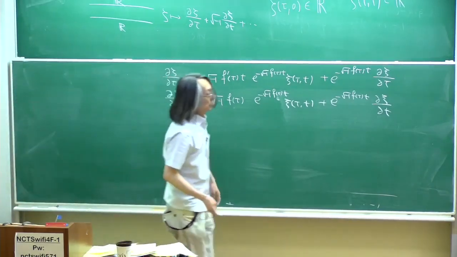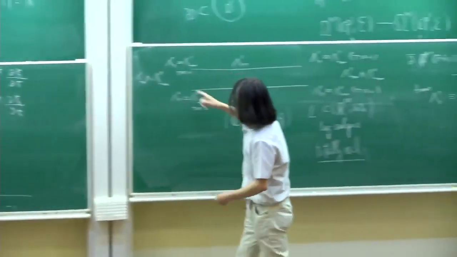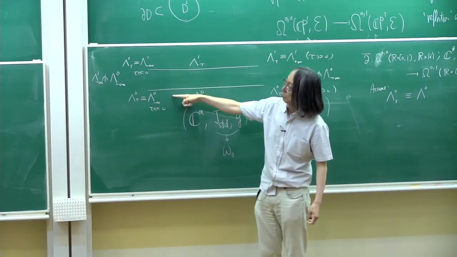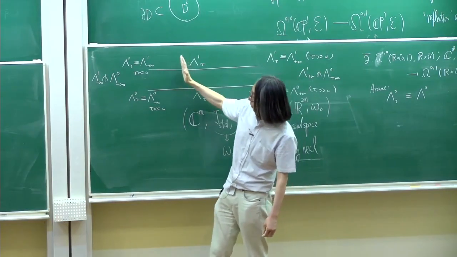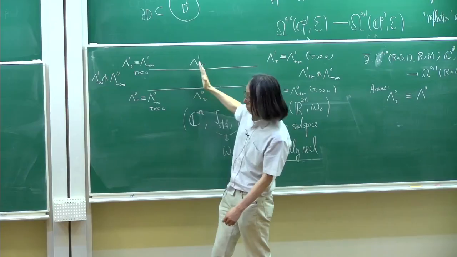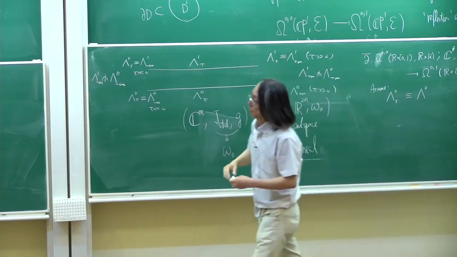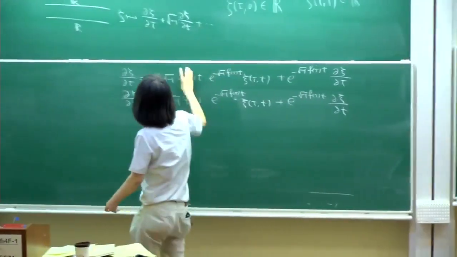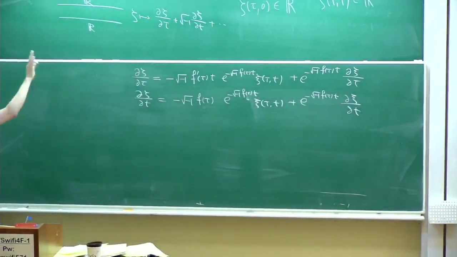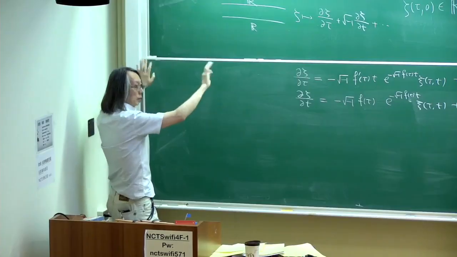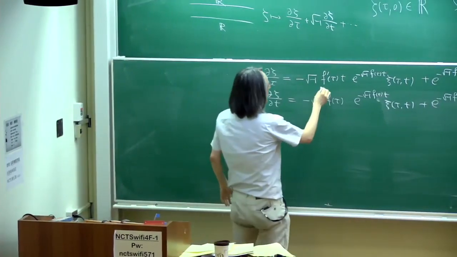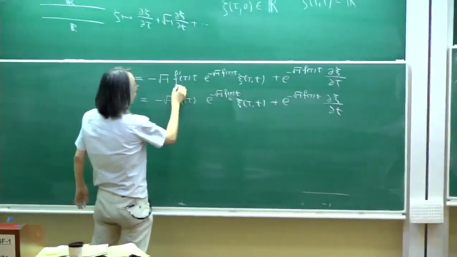And if I assume this condition, then this Lagrangian is fixed for tau sufficiently small or tau sufficiently large. So therefore, this derivative actually vanishes at tau near infinity. So therefore, this one is actually a compactly supported function.